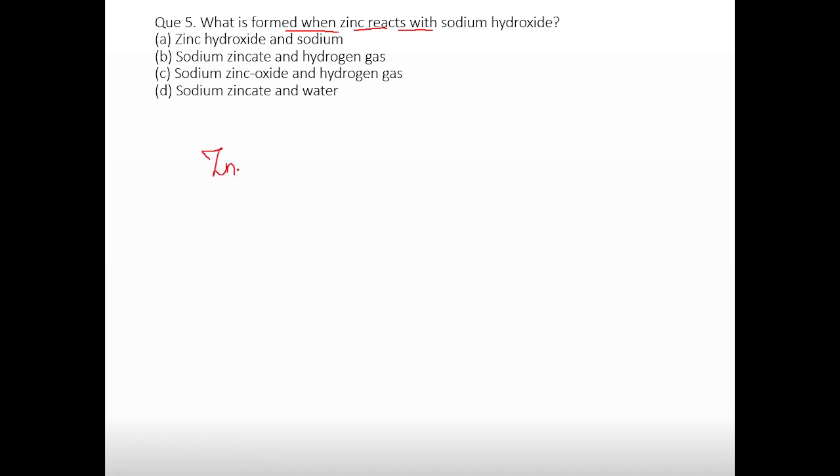So zinc reacts with what? Sodium hydroxide, NaOH. This reaction has been told to you by me. What will be the formation? Some bases react with metals such as this one.